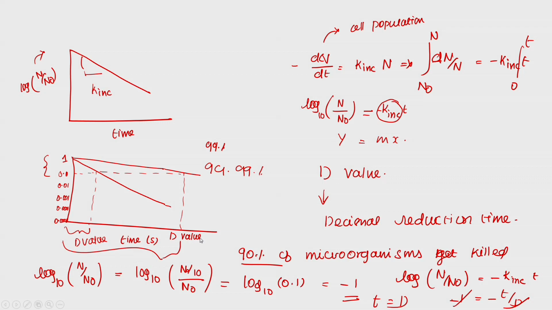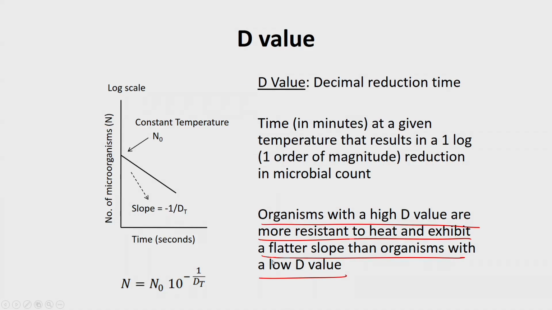That means at a particular temperature, if my D value is high, those organisms are a bit heat resistant, right. I will be able to survive at that temperature for a longer time, so I am able to resist that amount of heat given at that temperature. That is why you get a flatter slope.